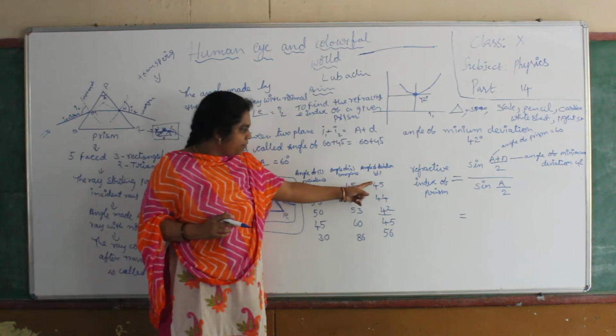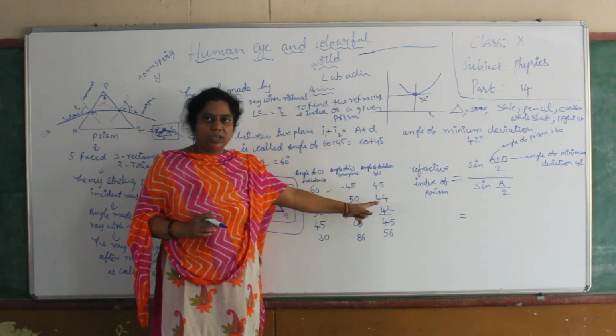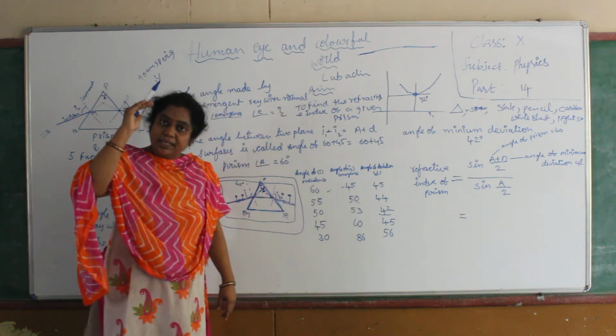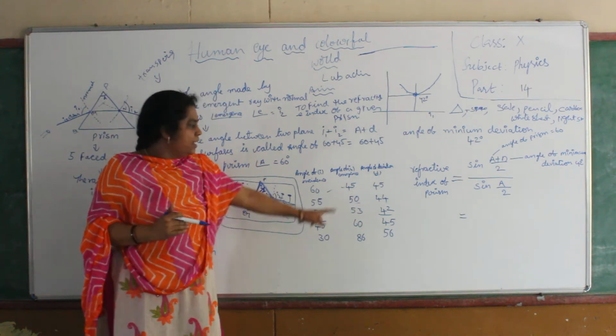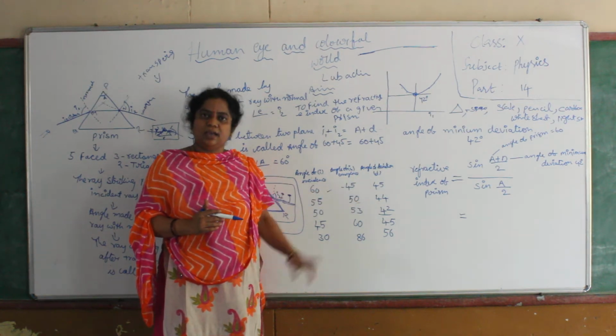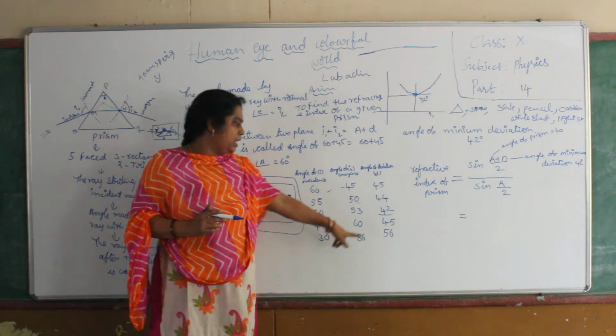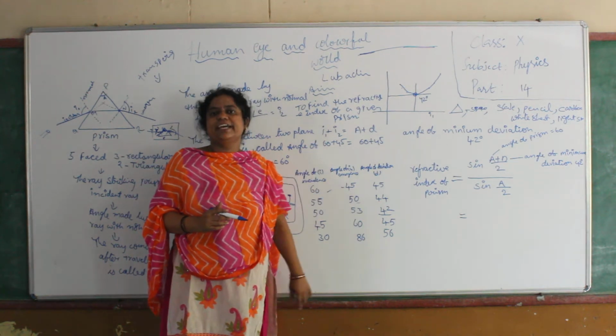Even here, see, the deviation 45 to 44, 44 to 42. Initially, when the incident angle is decreasing, the angle of deviation also decreases. After that, for the further decrease of the incident angle, the angle of deviation increases.